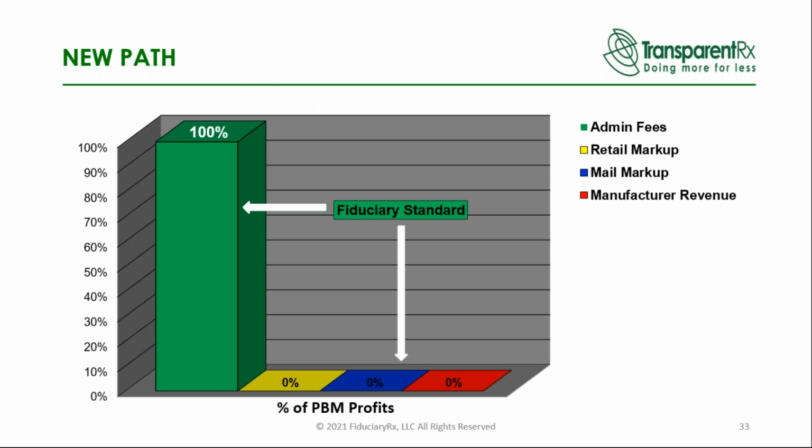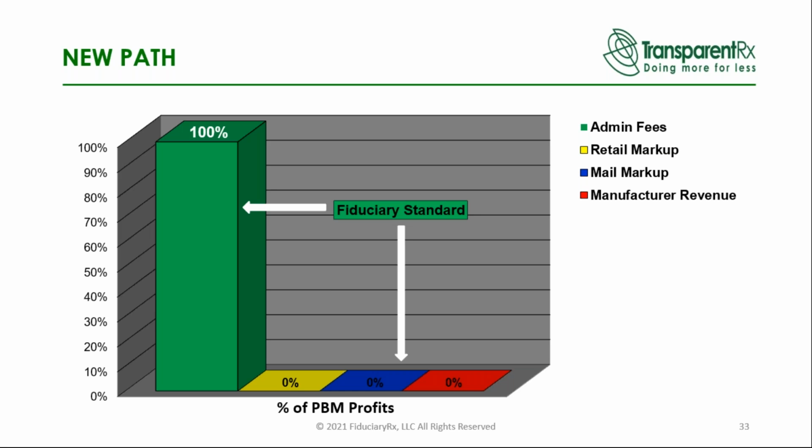The new path says this: taking Dave's advice, in terms of what he said was another insight, the PBM contract is the primary driver of transparency. It is the primary driver of getting to lowest net costs.